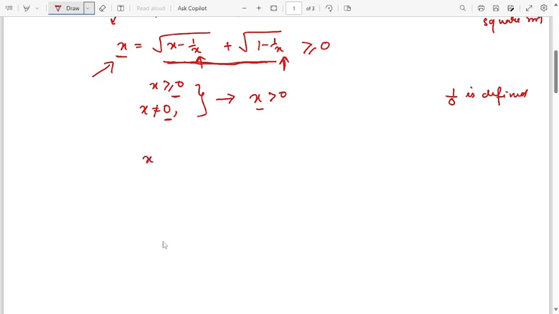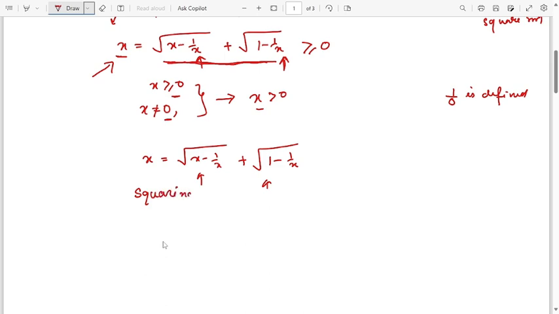So we have x equal to square root of x minus 1 by x plus square root of 1 minus 1 by x. Whenever we have this radical portion, meaning the square root portion, what we need to do? We want to remove the square root. So for that reason, we need to do the operation of squaring.